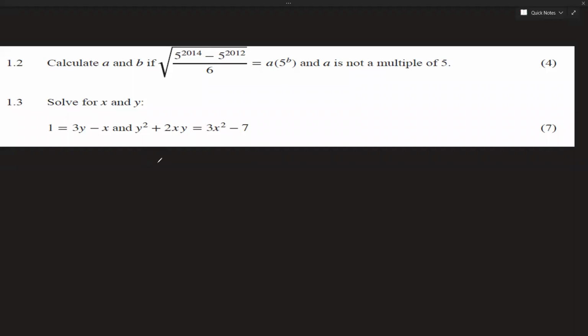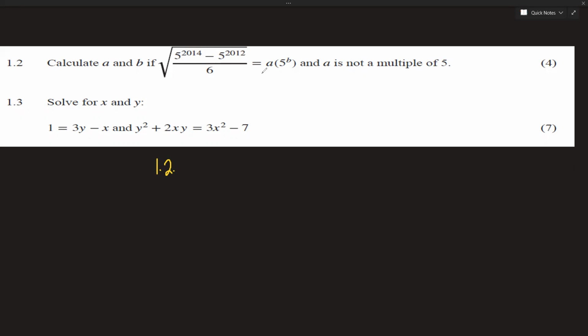So on 1.2, I'm given the square root of 5 to the power 2014 minus 5 to the power 2012 all over 6, right?